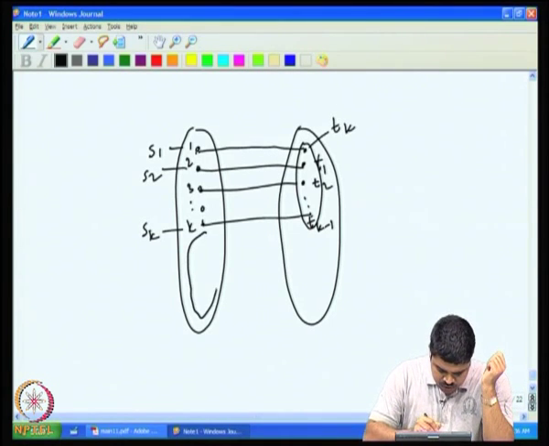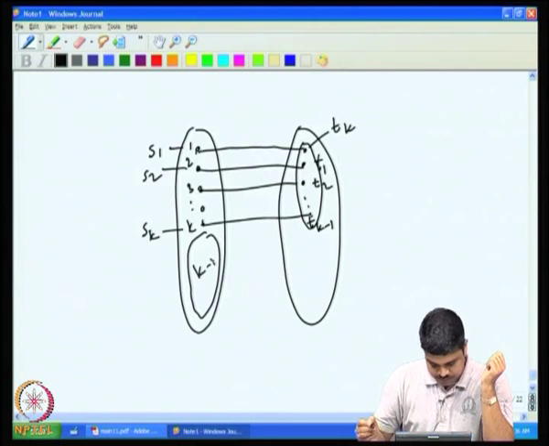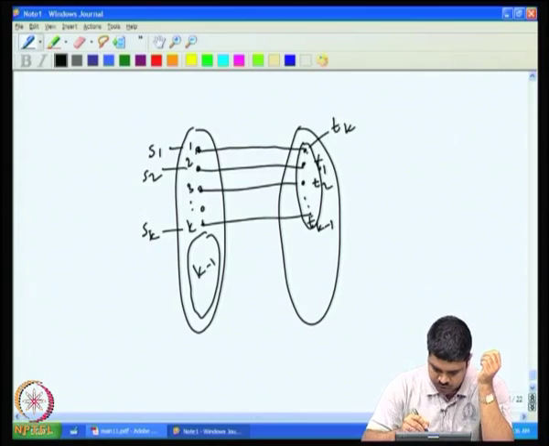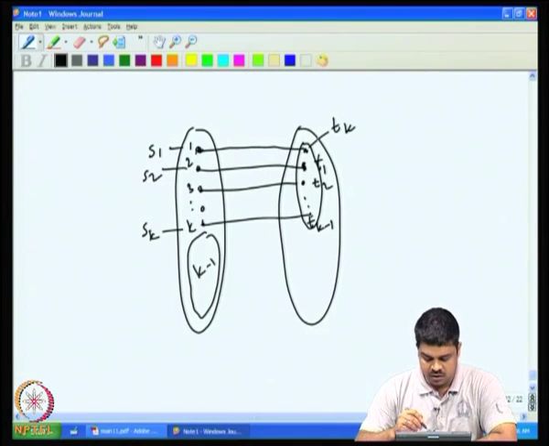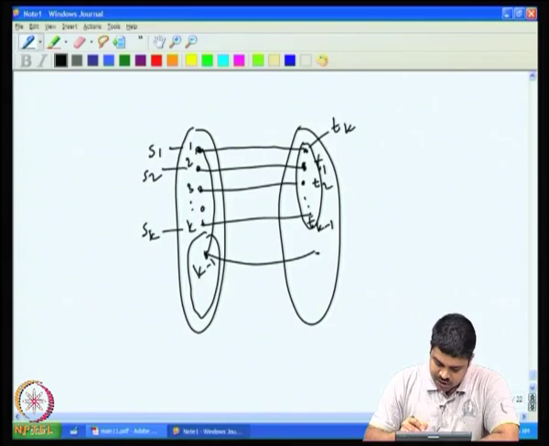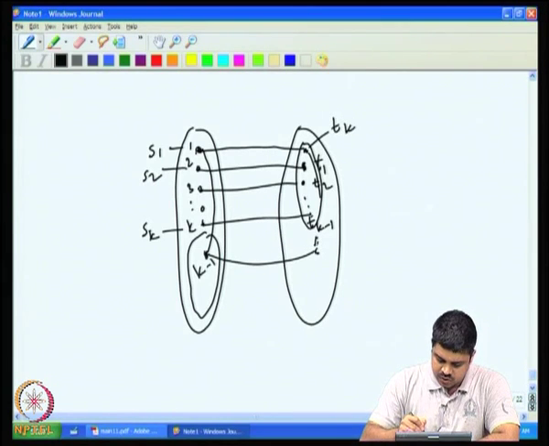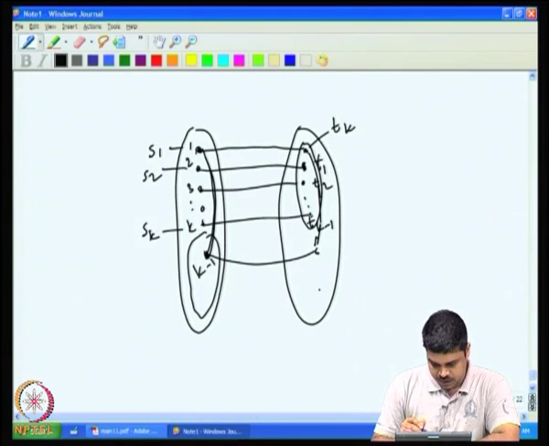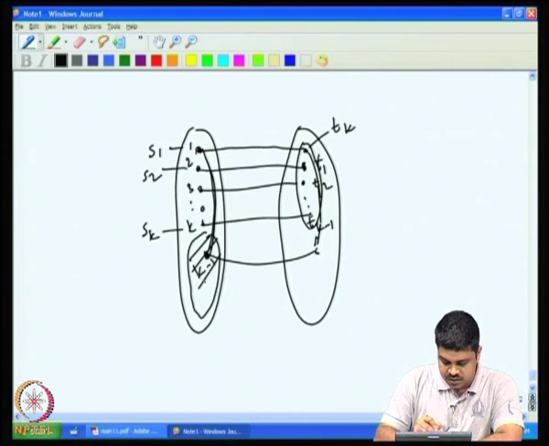Now we have only k minus 1 vertices left here. If I want to travel from here to here for any pair, you cannot use this direct edge because it will eat up one of the destination vertices. So that's not allowed. The only other way is to go to this group and then go to this side and then jump into this. So for every pair I have to use one from here, but there are only k minus 1 vertices here.